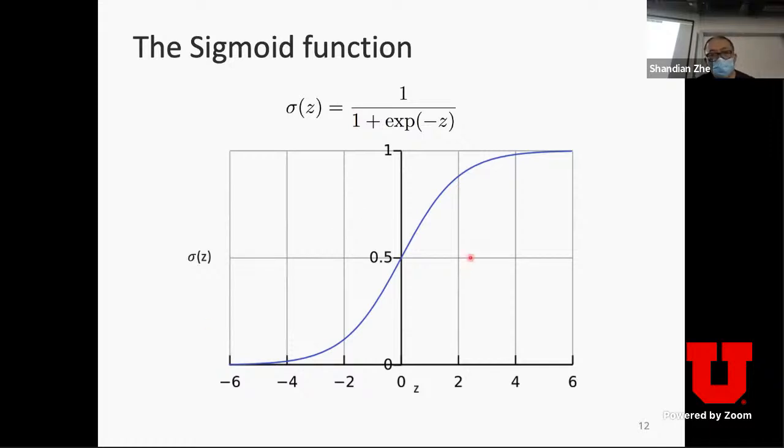On the other hand, if you increase z, the larger z, the sigmoid function value is getting closer to 1. And if z goes to infinity, the sigmoid of z will go to 1. That is the property of the sigmoid function.